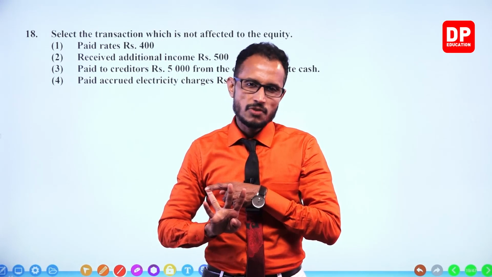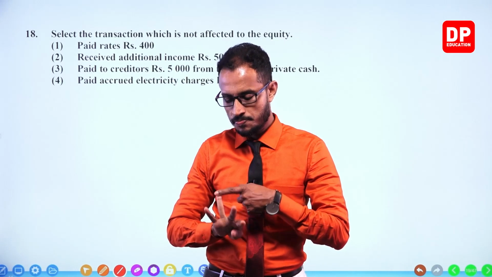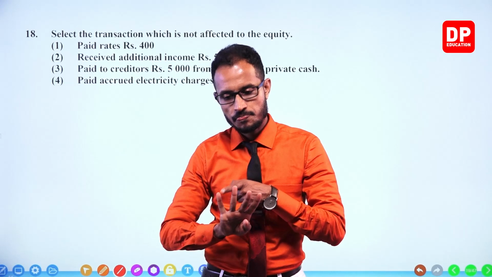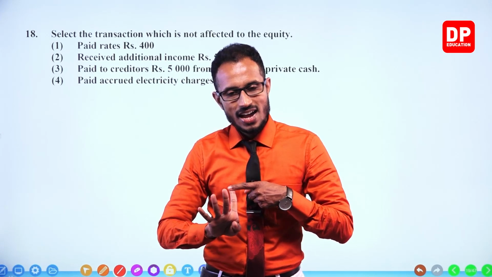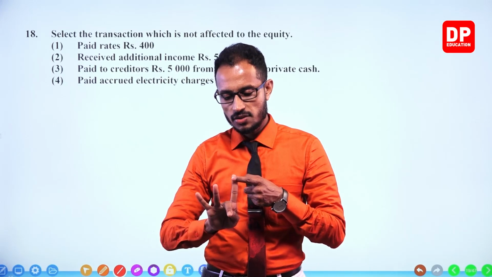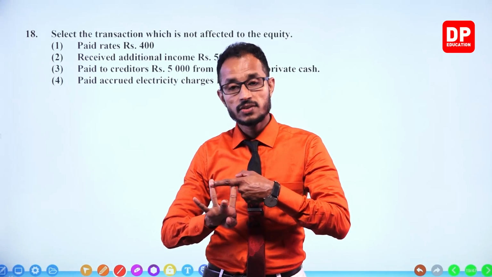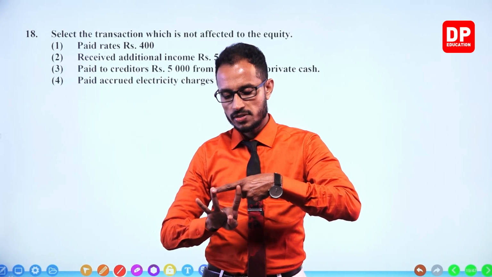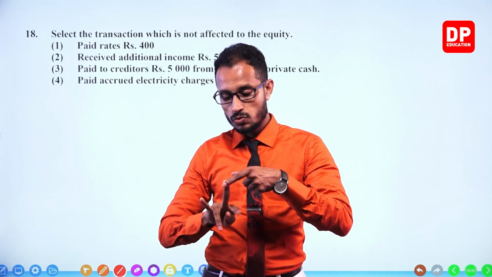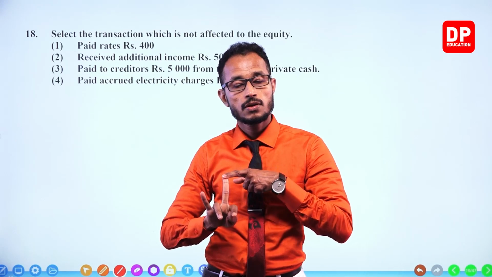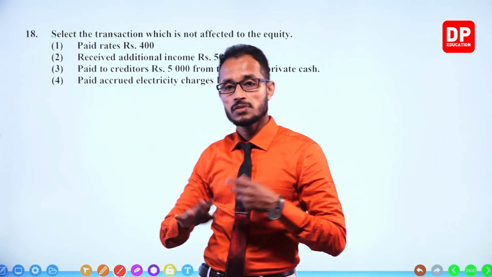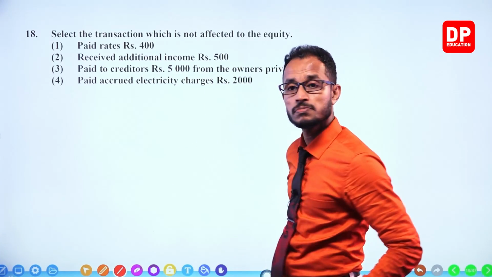Incomes or profits increase equity. Expenses decrease equity. So additional capital and incomes increase equity, and drawings and expenses decrease equity.